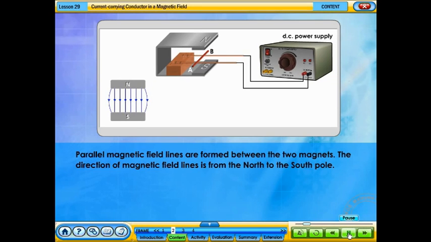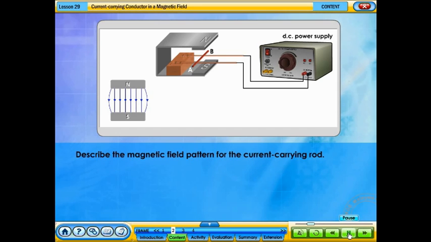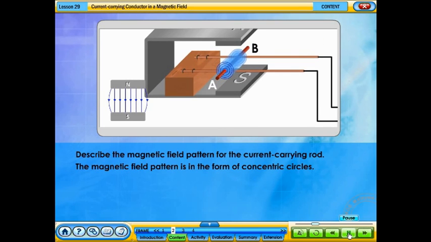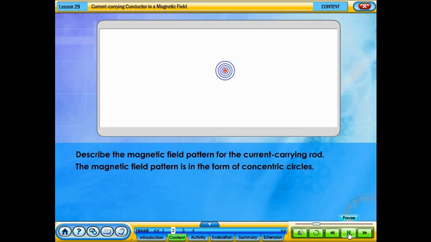The direction of magnetic field lines is from the north to the south pole. Describe the magnetic field pattern for the current-carrying rod. The magnetic field pattern is in the form of concentric circles.